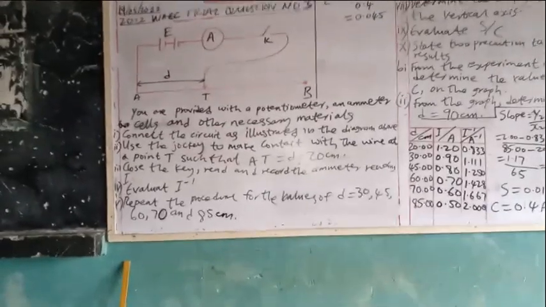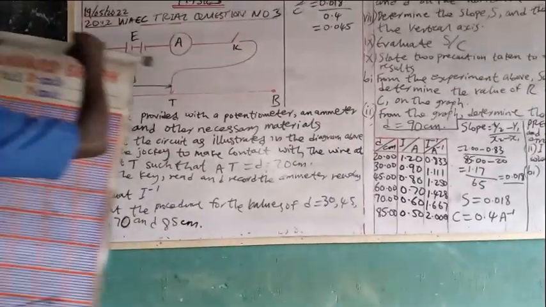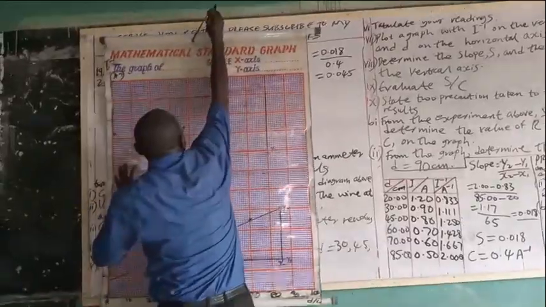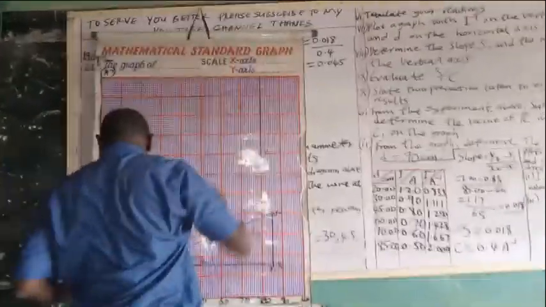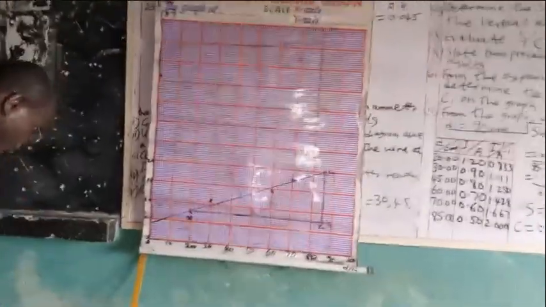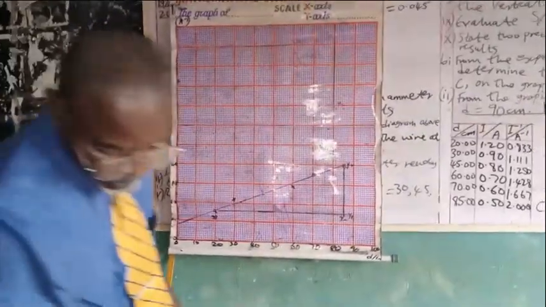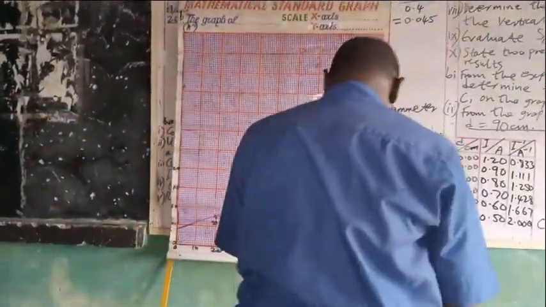Now, from the graph, intercept C is equal to 0.4.